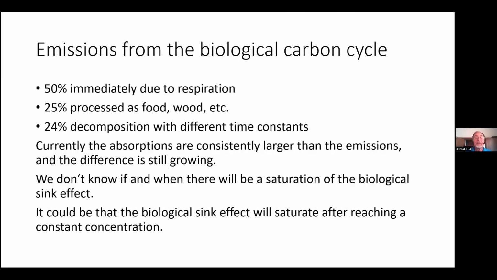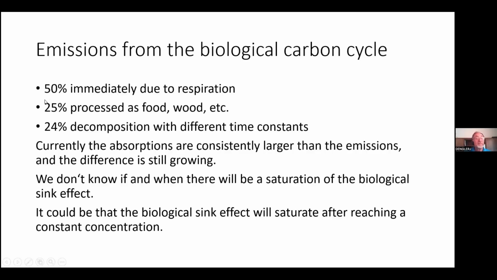And now we look at the emissions from the biological carbon cycle. This is more complicated because 50% of the absorptions are immediately emitted. Immediately means within a day, due to respiration, because plants also need energy for doing all the jobs they need to do.